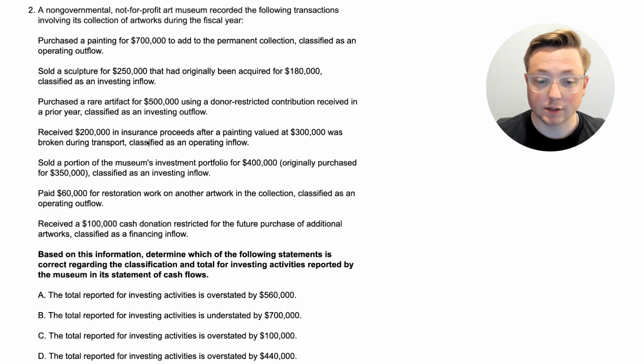Receiving $200,000 in insurance proceeds after a painting valued at $300,000 was broken, classified as an operating inflow. Sold a portion of the museum's investment portfolio for $400K, classified as an investing inflow. Paid $60,000 for restoration work on another artwork in the collection, classified as an operating outflow. And finally, received a $100,000 cash donation restricted for the future purchase of additional artworks, classified as a financing inflow.